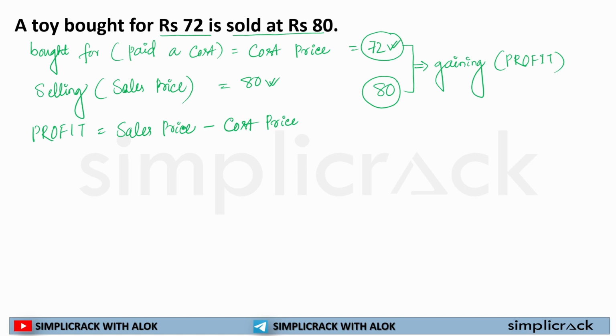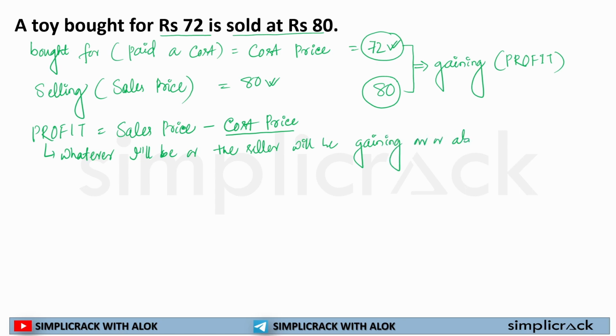Whatever the seller will be gaining on or above the cost price. So I will write cost price as CP. I hope this is clear.